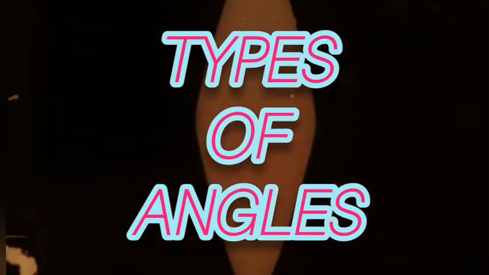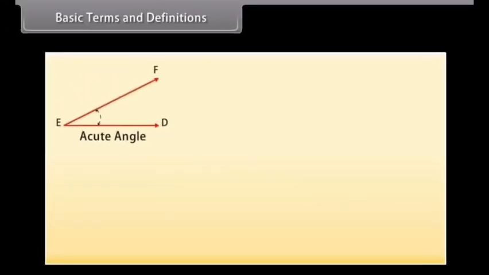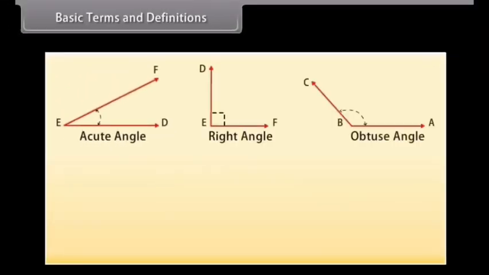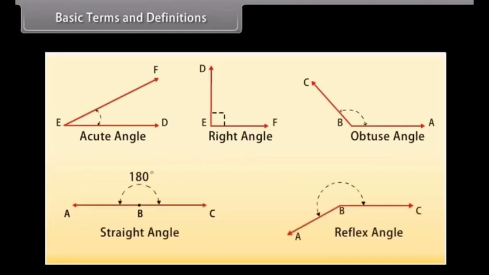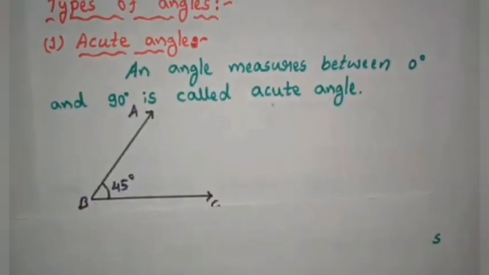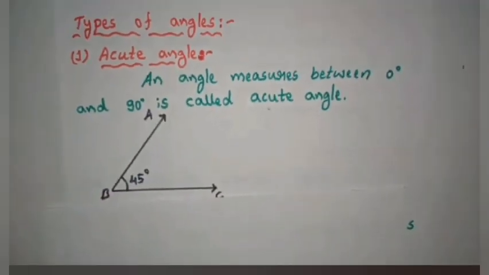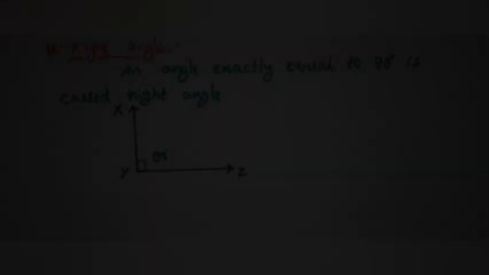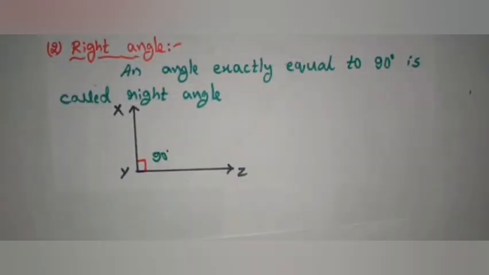Types of angles: acute angle, right angle, obtuse angle, straight angle, and reflex angle. Let's go through them one by one. An angle that measures between 0 degrees and 90 degrees is called an acute angle. An angle exactly equal to 90 degrees is called a right angle.